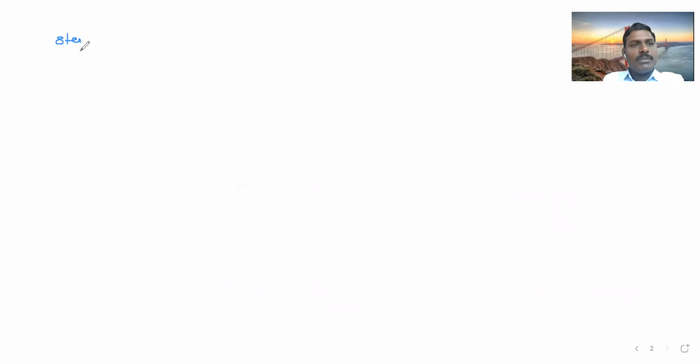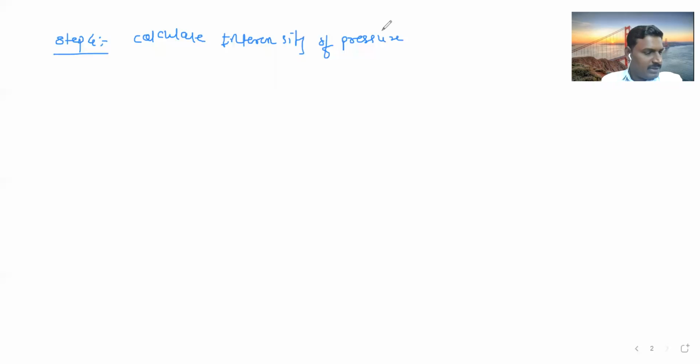Now you have to go to step number 4. Step number 4 is calculate intensity of pressure from below on the slab base, or base plate.